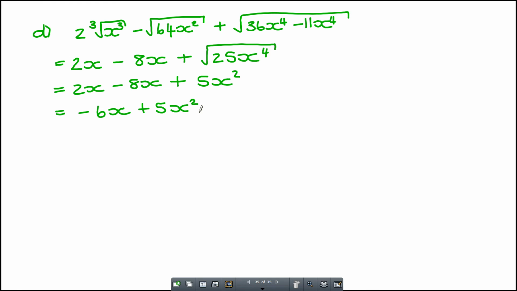Now we've got to multiply binomials. That FOIL that you did in the investigation. Okay, now when we multiply binomials, we're going to use FOIL.